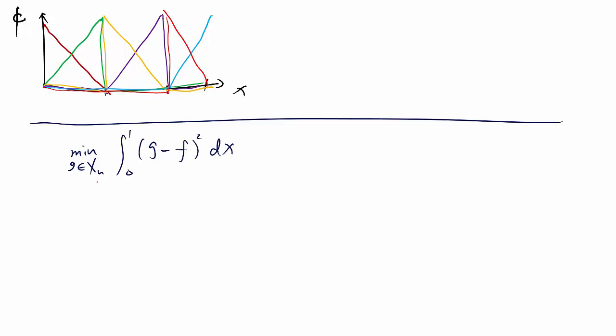So we are solving a quadratic minimization problem, which means if this is solved by the function fh, any perturbation on this fh cannot improve this distance or this norm of distance. Then it means that this thing is minimum.